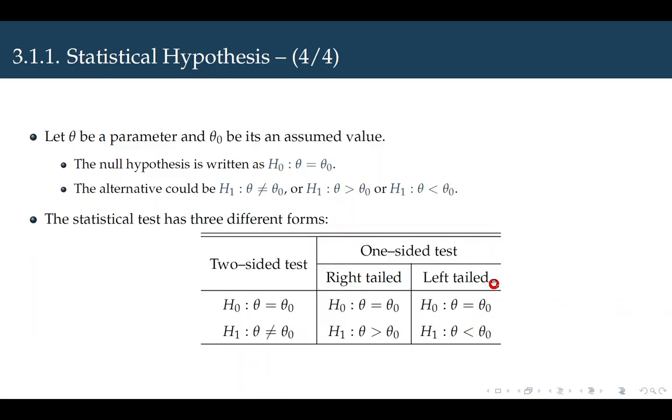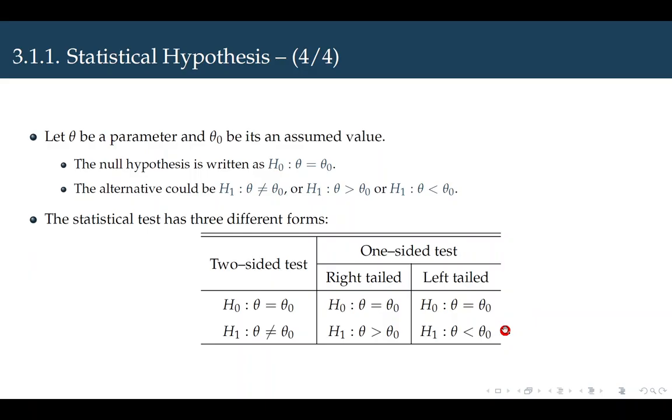And in the left-tailed or left-sided test, the null hypothesis is written in the same way as theta equals theta naught. And the alternative H1 should be written like theta is less than theta naught. And here we are particularly interested in whether the population parameter theta is less than theta naught or not.